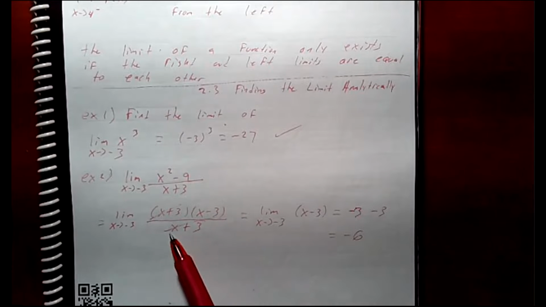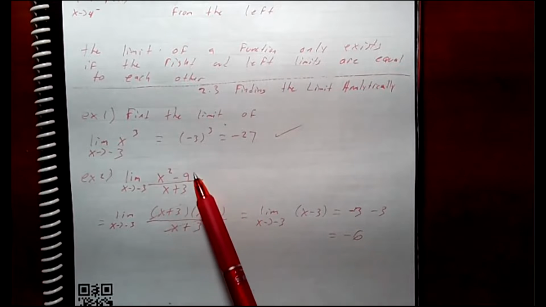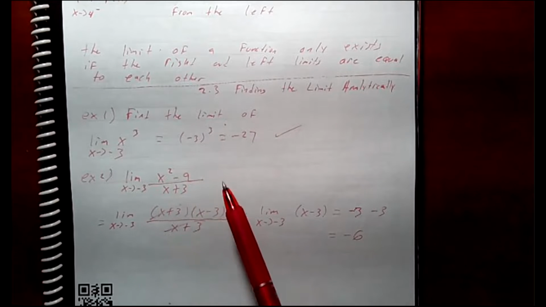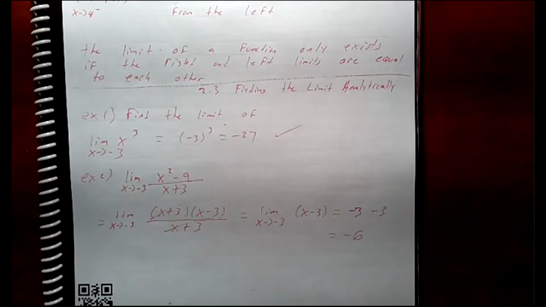Plugging in -3 here would cause 0 at the bottom. But once I cancel those terms, I can plug it in and not have any issues. If you were to graph the original, you will see as I approach from the right and left, I'm going to -6 anyway. So you could do it graphically, but this section is asking you to do it analytically.